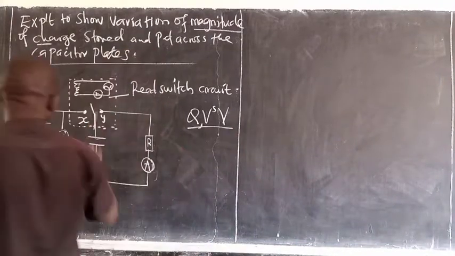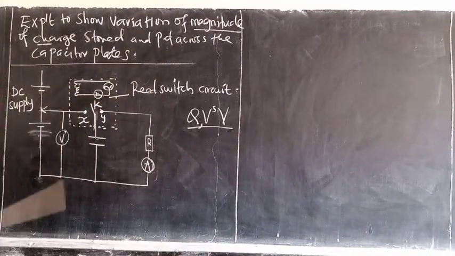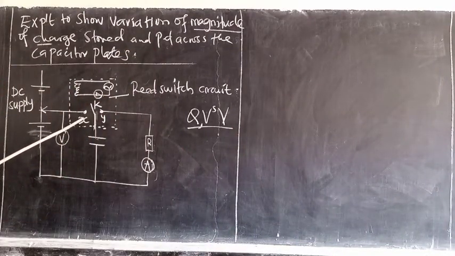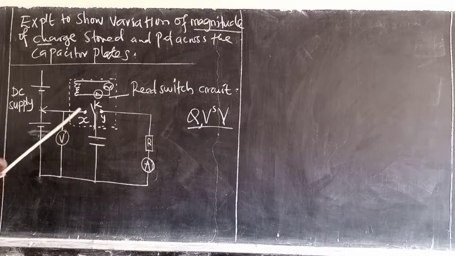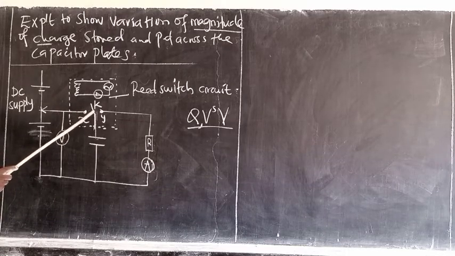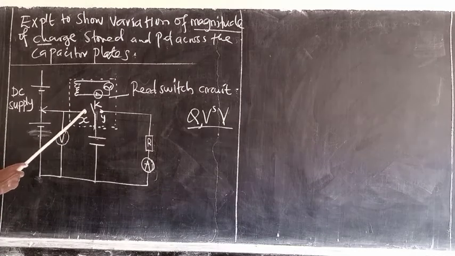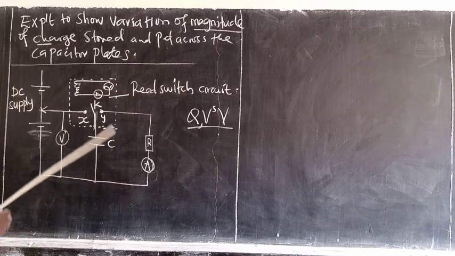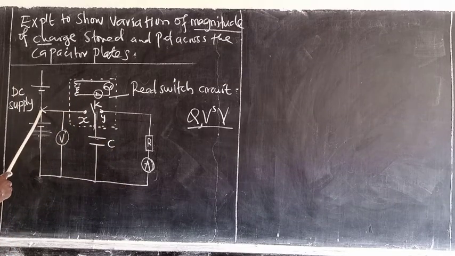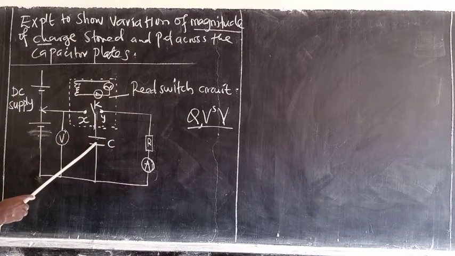I can call it K. That is my switch. So this K will make contacts at X and Y. First, look at this. What happens if it makes a contact at X? If this K makes a contact at X here, it will charge this capacitor because the circuit will be complete.